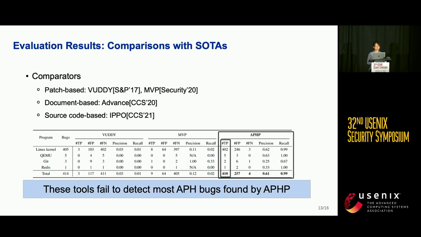We also compare APHP with 3 types of detectors, including patch-based detectors, VADI and MVP, a document-based detector, Advance, and a source code-based detector, IPPO. Results show that these tools fail to detect the majority of APH bugs identified by APHP.